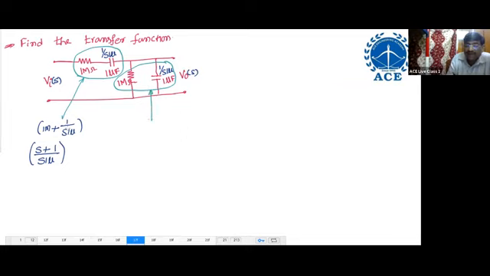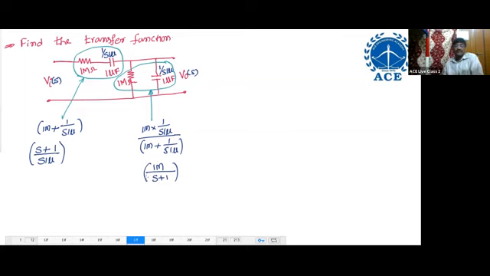Series means added, parallel means product by summation. 1 mega into 1 by sC divided by 1 mega plus 1 by sC. Simplifying this gives 1 mega by s plus 1.